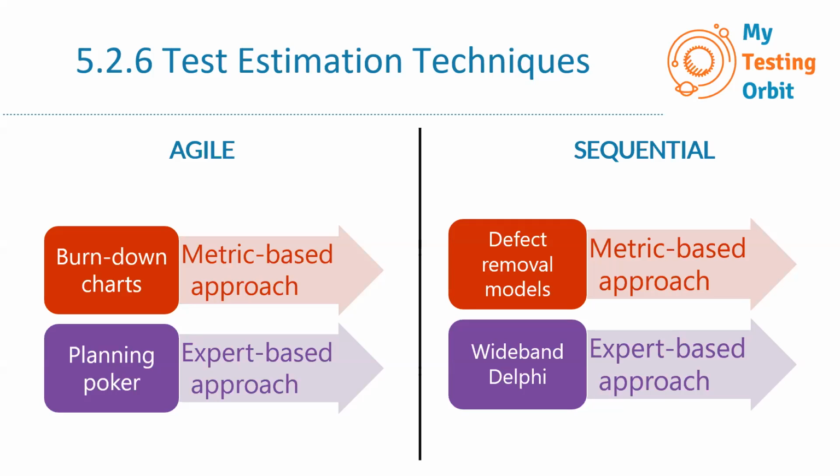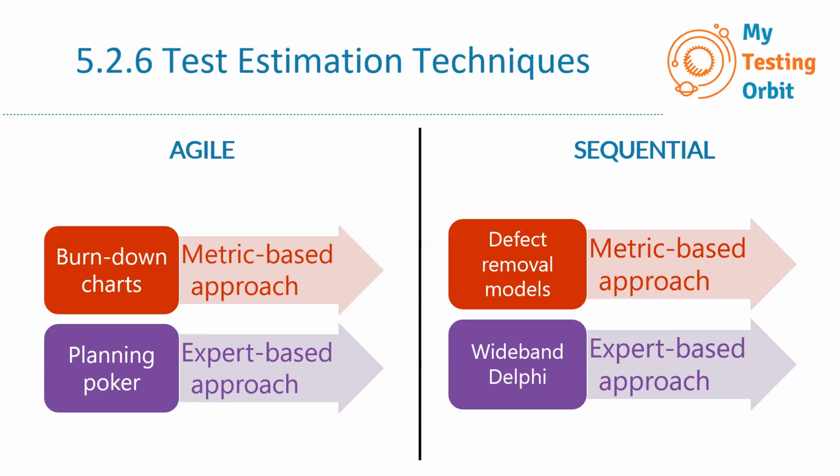So if the velocity we have defined is, let's say, 80 for a certain sprint, and during the sprint we track through the burn down chart and see that it's not working, maybe we were really optimistic, then it will help us to maybe reduce the velocity for the next sprint, etc. So reduce the number of hours or the resources, or increase the resources. So it helps the way we work.